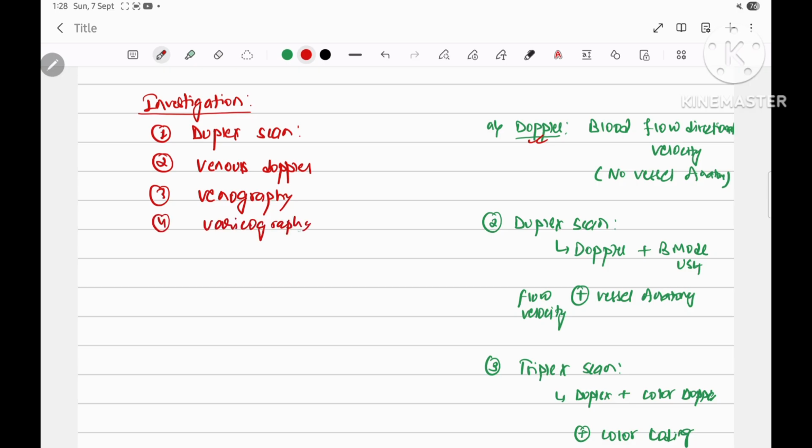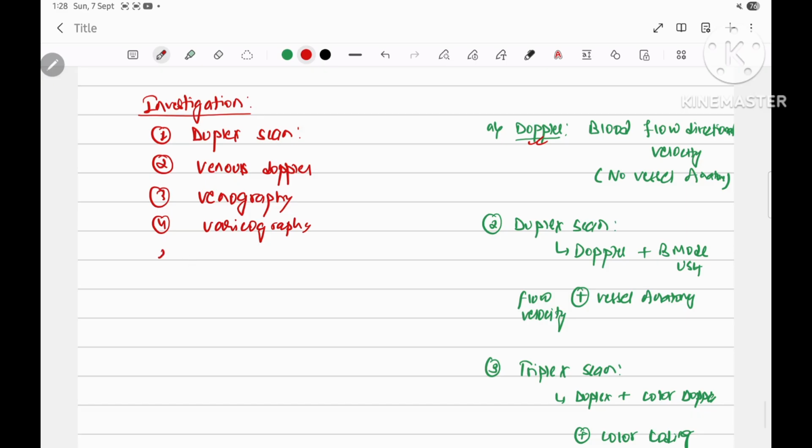And if there is a formation of venous ulcer, then we can send the discharge for culture and sensitivity.